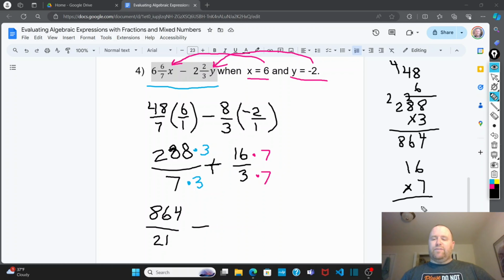So 6 times 7 is 42. 7 times 1 is 7, plus 4 is 11. So 112 minus 112 over 21. So we want to do 864 minus 112.